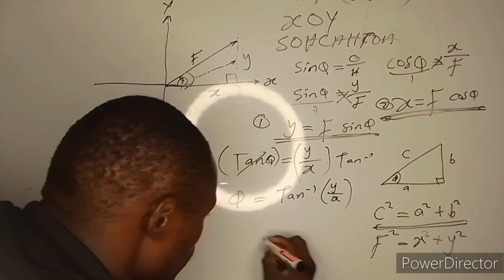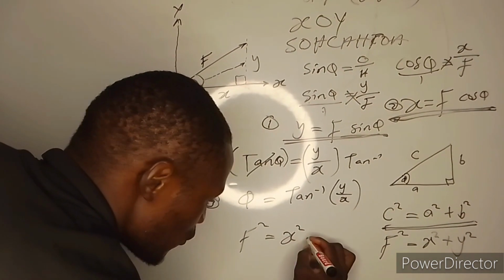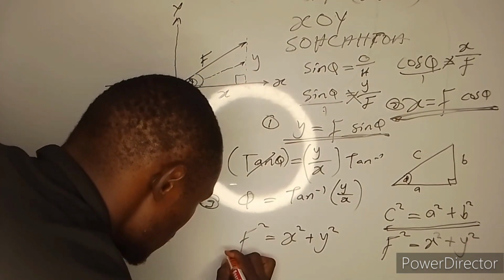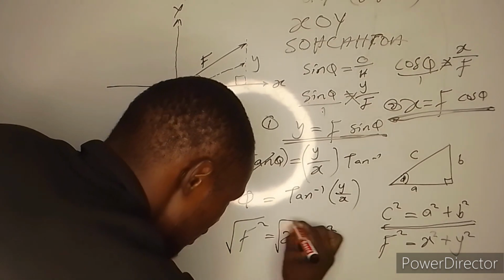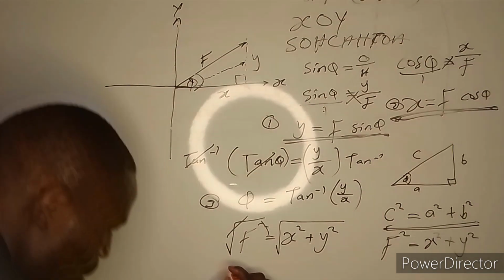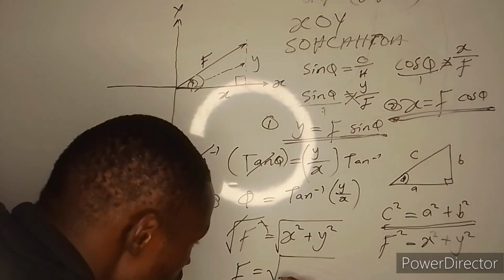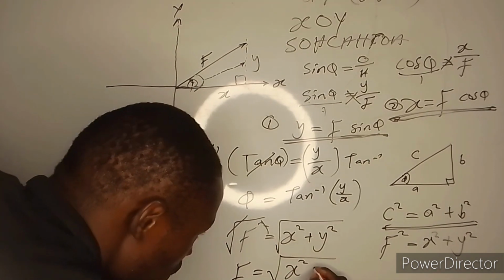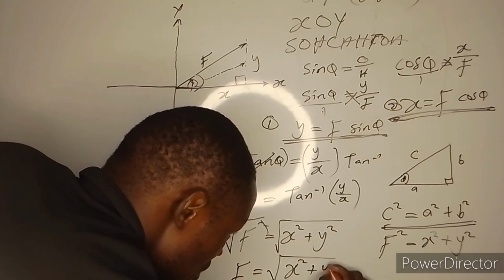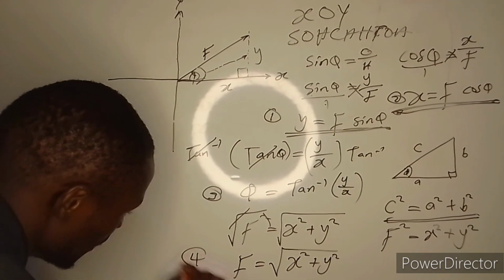We know that we have got force squared, which is equal to the square of x plus the square of y. We introduce a square root on both sides, where this and this square will cancel. Then we will remain with F equal to the square root of the sum of the square of the adjacent and the opposite, like this. This is our fourth equation.